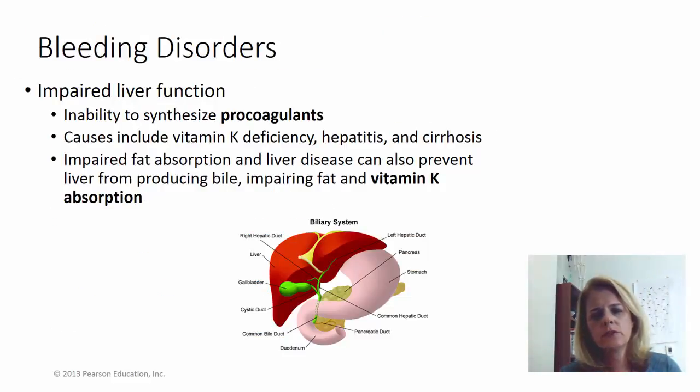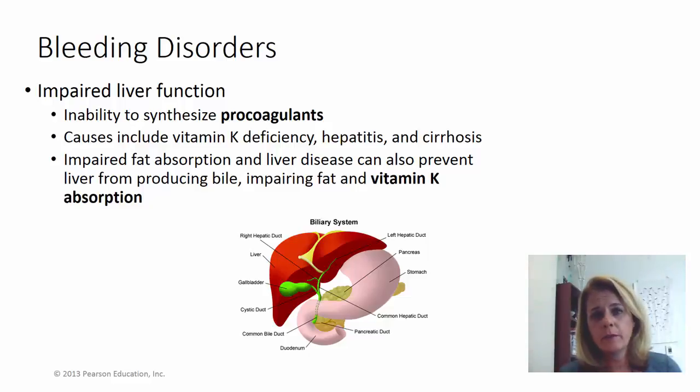Some other bleeding disorders have to do with the liver not working right. Remember, the liver functions to make a lot of those procoagulants, all those factors that we talked about that you use for clotting blood.